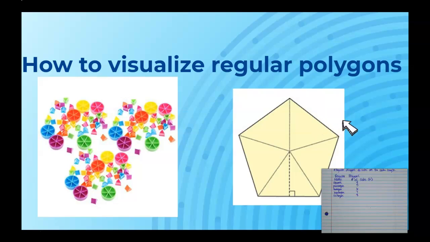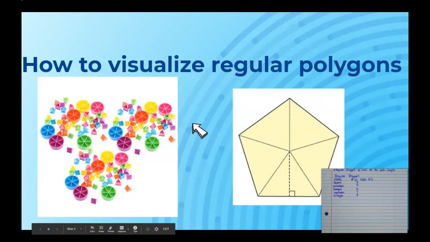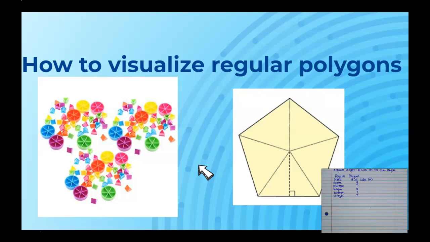So to visualize regular polygons, this right here is what you'll see in math, and this is just a connection that I have. There's a game that's pretty old because I know that my dad played it back in the day for fun. It's called Trivial Pursuit. It's a trivia game. It's kind of like a Disney trivia game where you fill up Mickey's head as you get the questions from different categories correct.